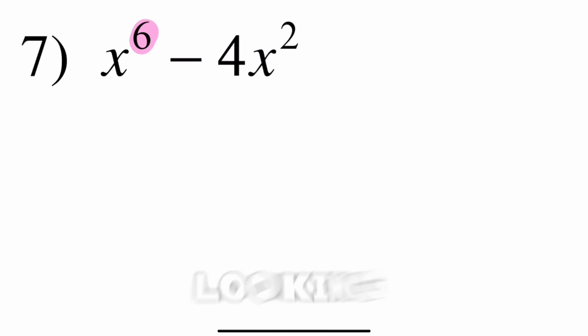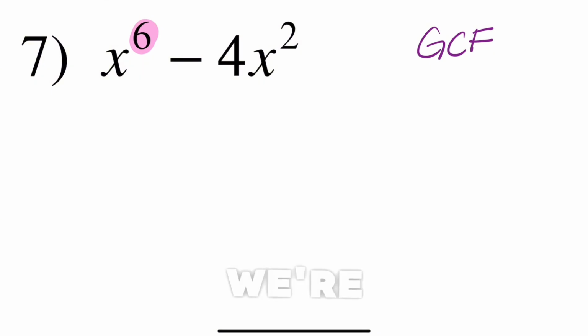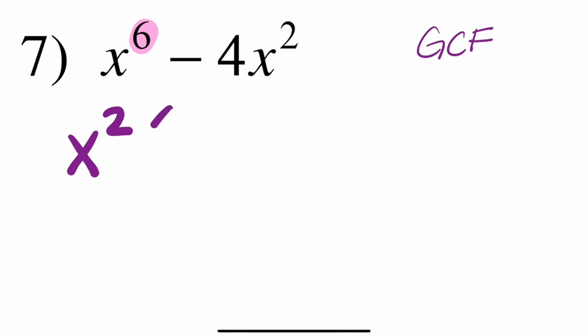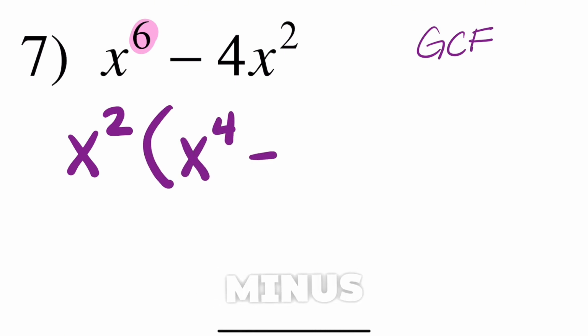You should be looking for a GCF, okay? There is a GCF here. The GCF here is x squared. So we're going to factor out x squared and see what's left. We'll have x to the fourth minus 4.